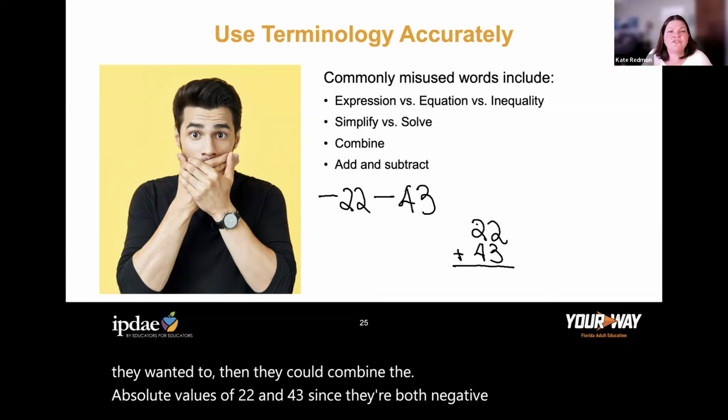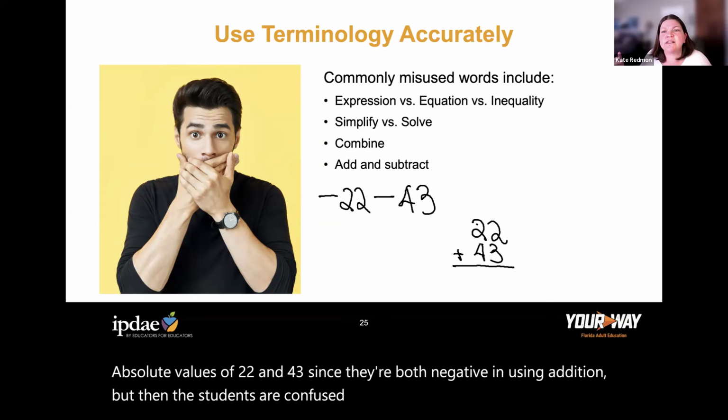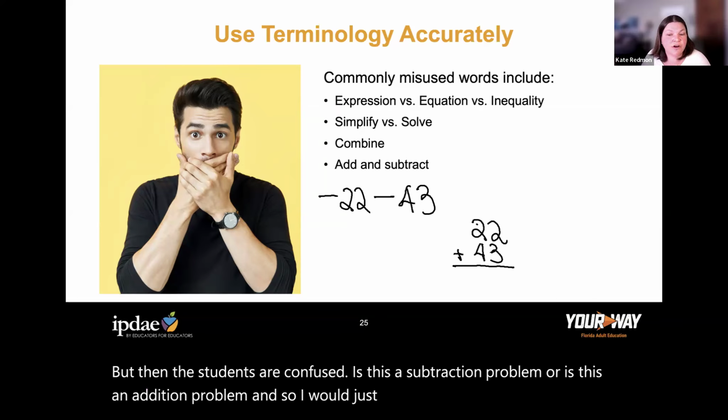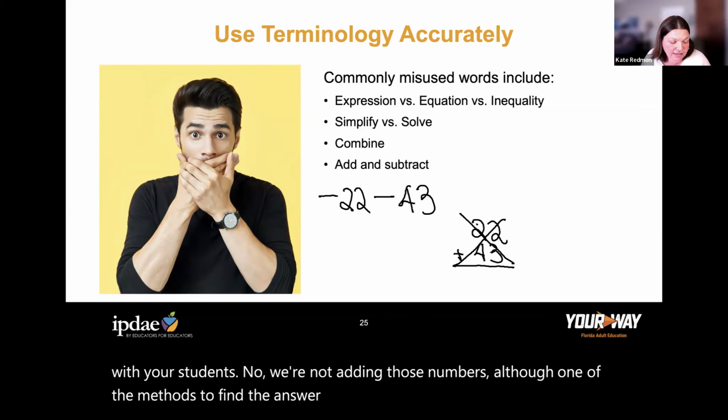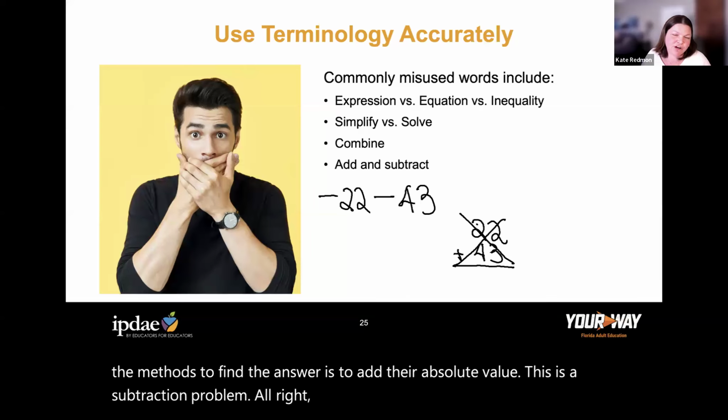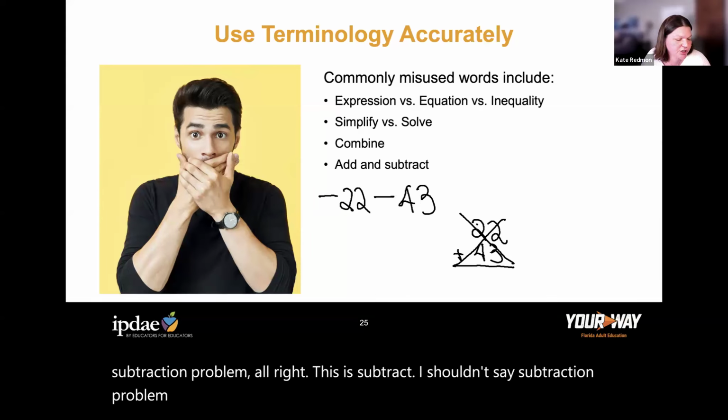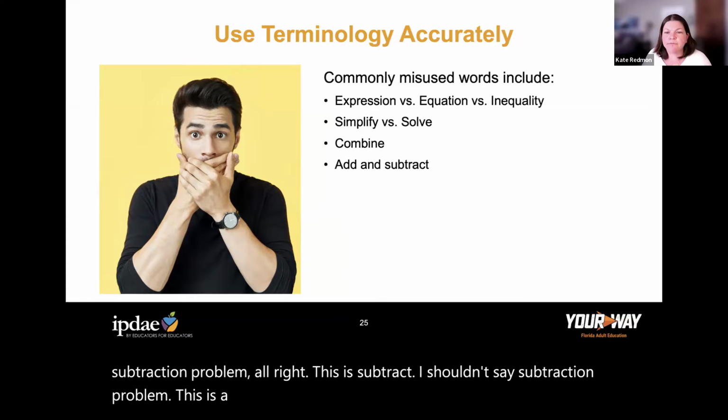But then the students are confused. Is this a subtraction problem or is this an addition problem? And so I would just encourage you to talk that out with your students. No, we're not adding those numbers, although one of the methods to find the answer is to add their absolute value. This is a subtraction problem. All right, I shouldn't say subtraction problem. This is a subtraction expression. Okay.